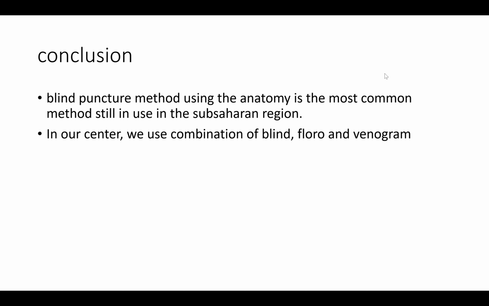We should learn all of them. In our center, we usually use a combination. Once we puncture once and we didn't get it, then fluoroscopy comes in, and with fluoroscopy most times we will get it. Hardly do we do venogram, but if fluoroscopy fails, then we'll go into venogram.